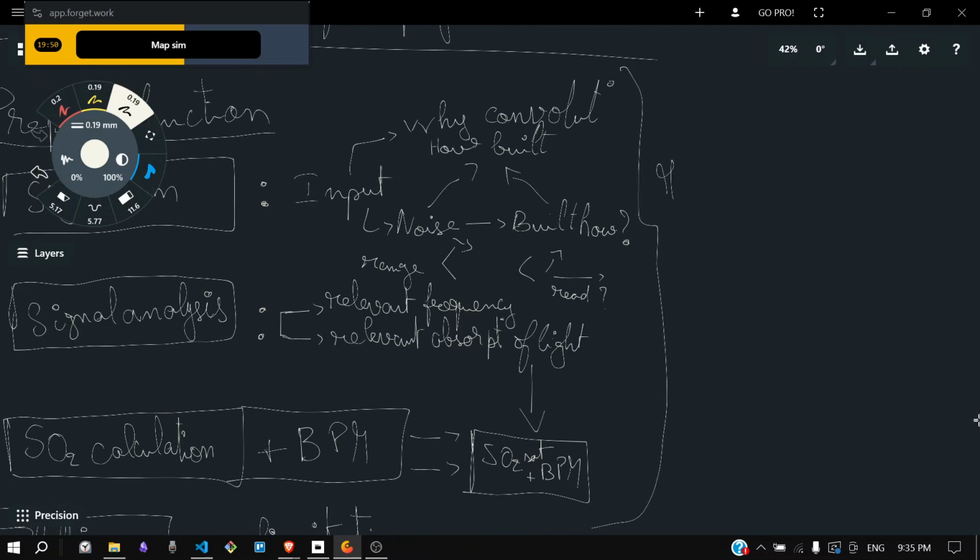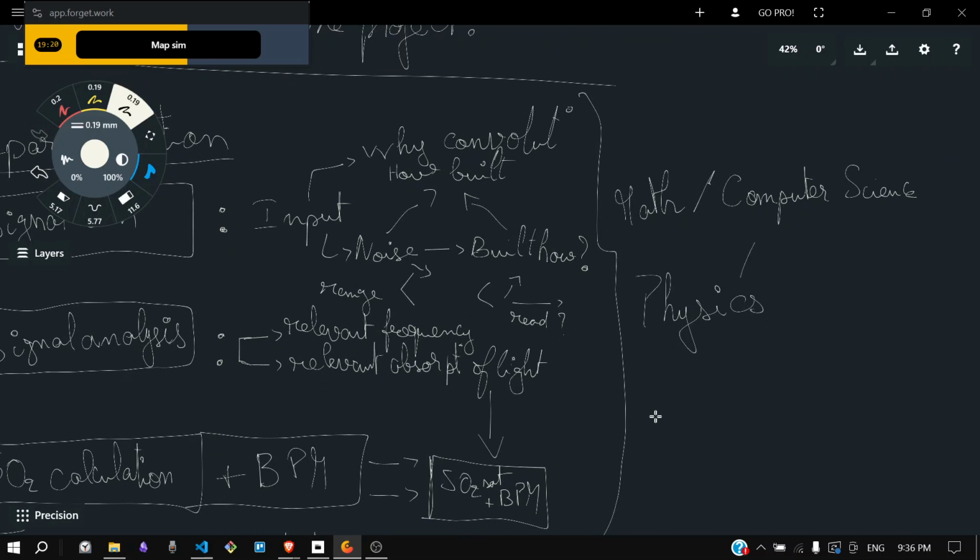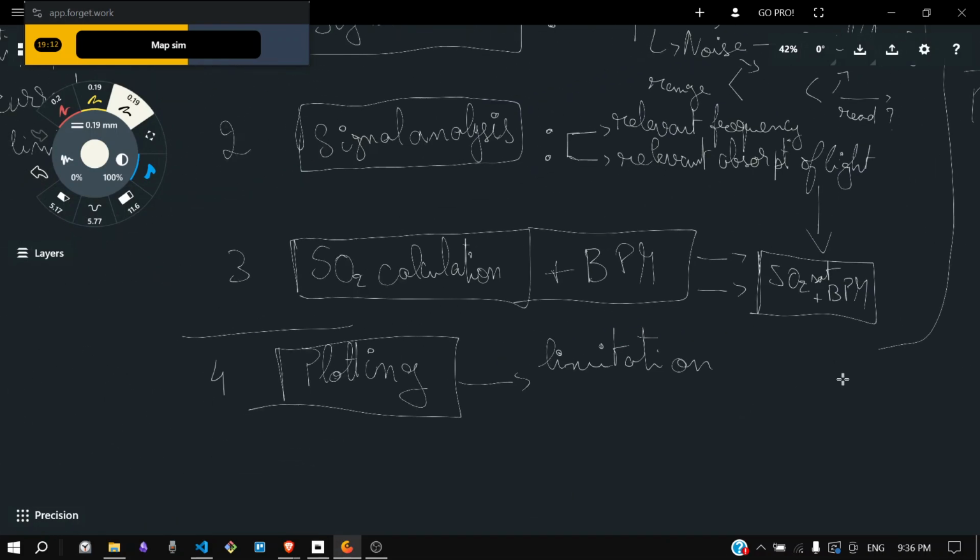So here we need the math. Usually it's related to computer science, algorithms, or limitations of the machine. And you also want a physics understanding of the actual tech, the physics behind it. The physics will also help you understand the limitations of the computer science to the math, and the math helps you understand the physics. So they really complement each other.